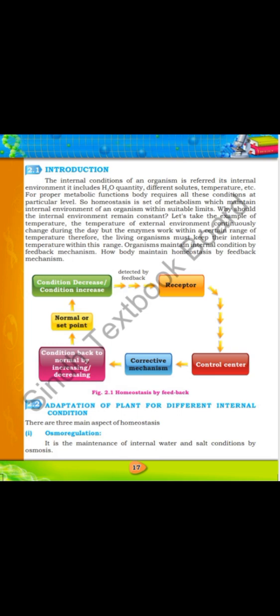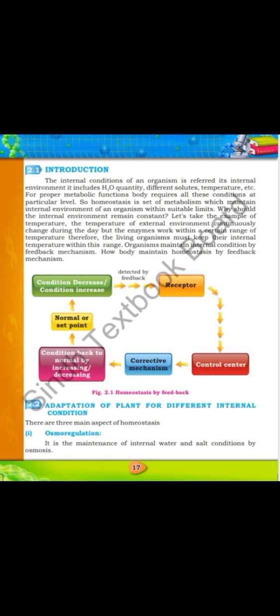And now, let me define what is homeostasis. Dear students, homeostasis is the process by which living organisms maintain a stable internal environment despite changes in the external surrounding. For example, our internal body temperature is 37 degrees Celsius in normal condition.